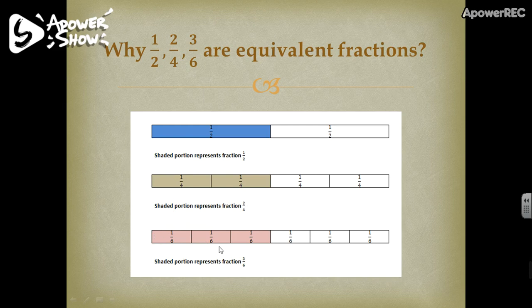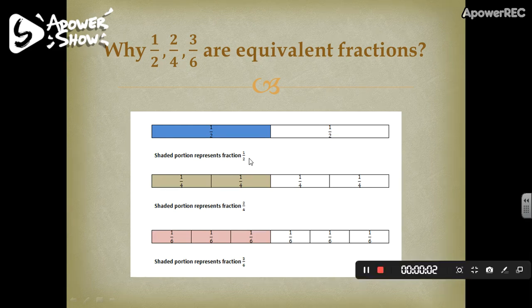Now let's move on to the third one. Here we are dividing this rectangle into 6 equal parts, each part representing the fraction 1/6, and we are taking 3 parts. So these 3 parts of this rectangle represent the fraction 3/6, and if you compare the values of these 3 fractions, then they are equal. 1/2 also represents half of this rectangle, 2/4 also represents half of this rectangle, and 3/6 also represents half of this rectangle.